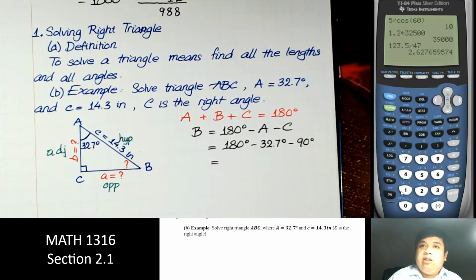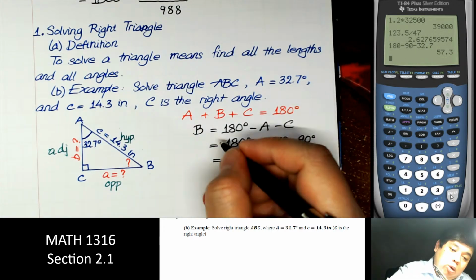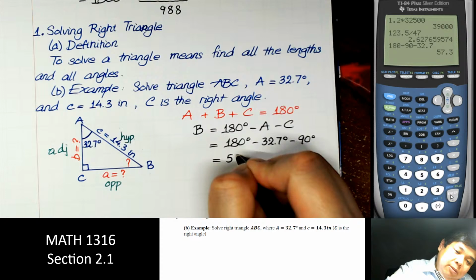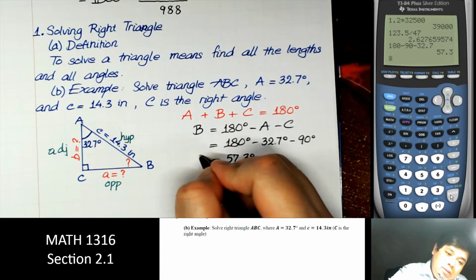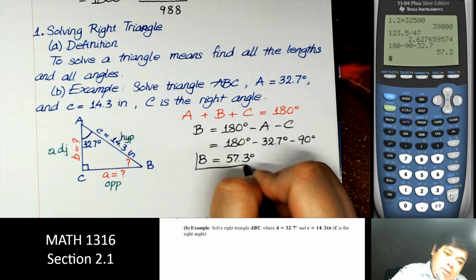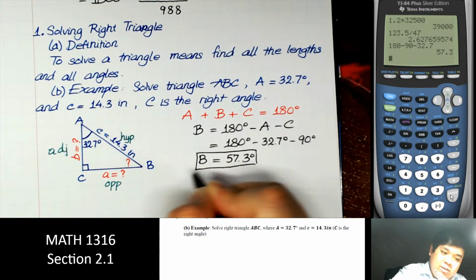Right. Calculator. 180 minus 90 minus 32.7. Right. 57.3. So that is B.